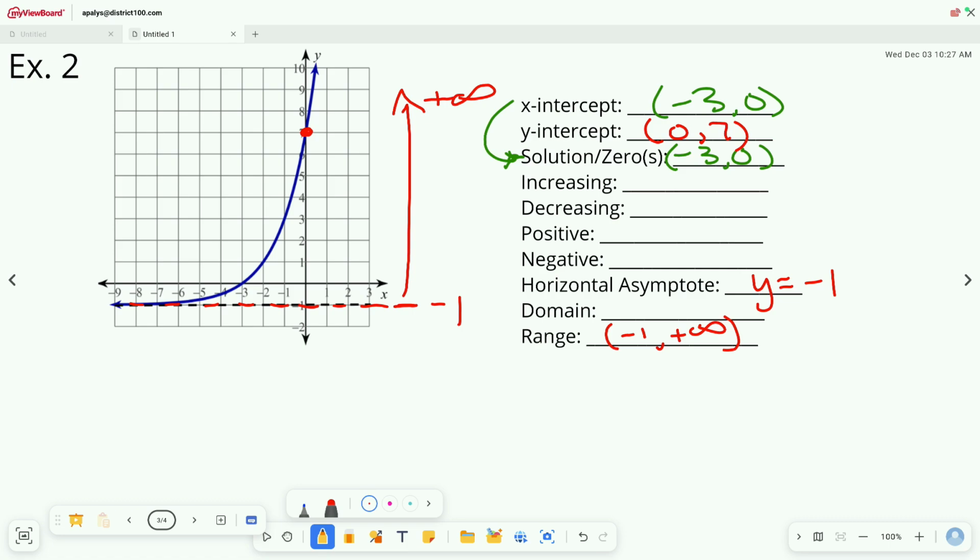Jazzy, what did you guys get for increasing or decreasing?